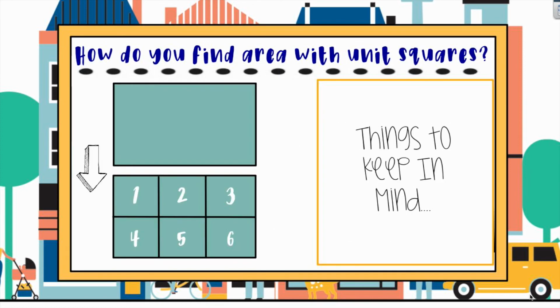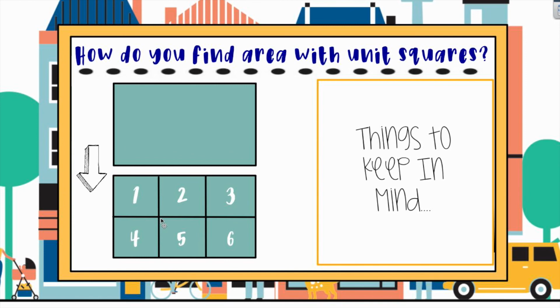Now you might be asking yourself, how do you find area with unit squares? It's very easy. So whenever you're given a shape just like this rectangle, you're going to put a unit square of your choice. So it can be square feet, square inches, square centimeters, and you're going to put them into the shape.